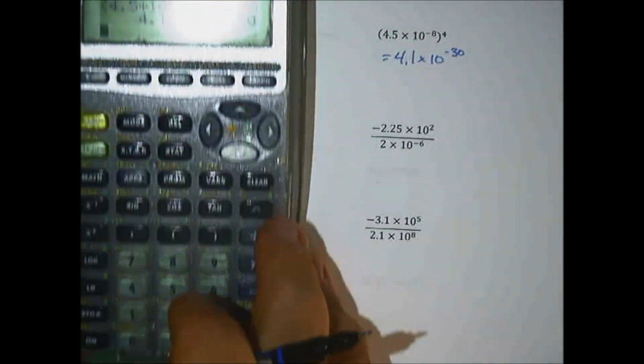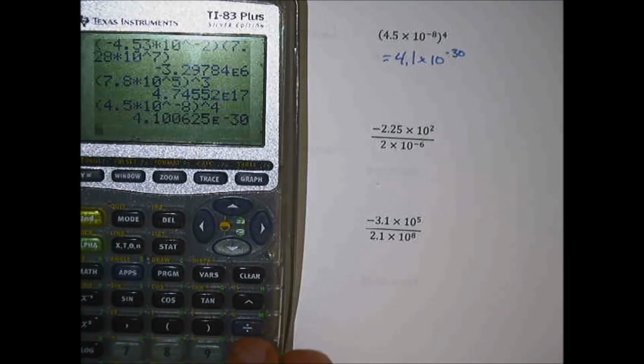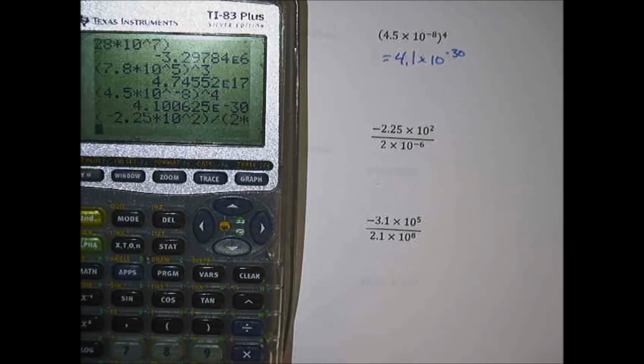Last two problems. Okay, we're working with division now. So we have negative 2.25 times 10 up to the second power divided by 2 times 10 to the negative 6th power. Okay.